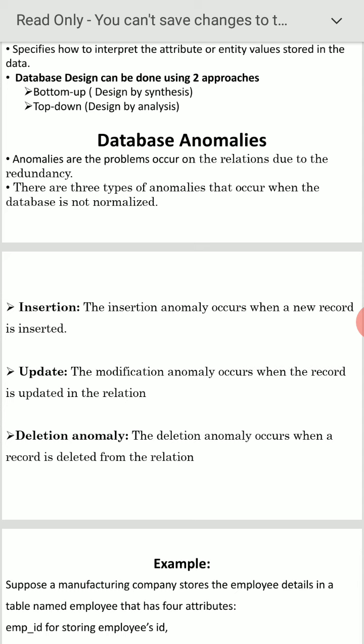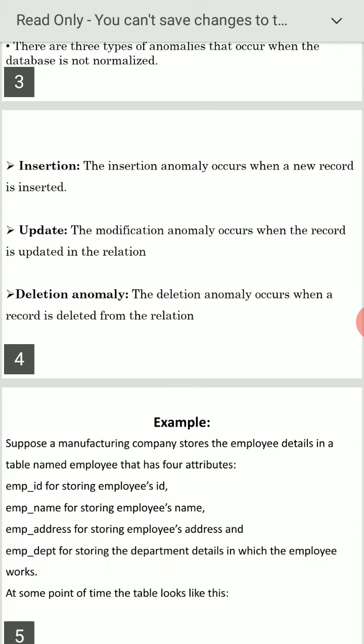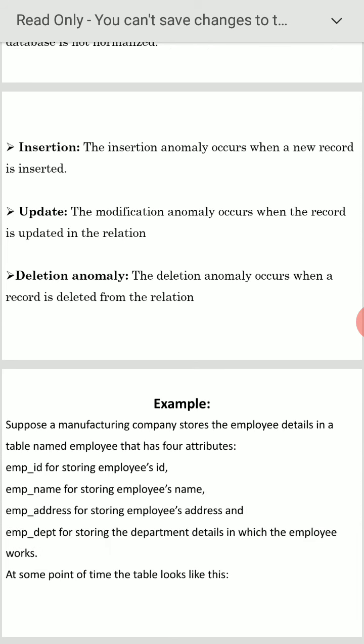See, let us see one table having the employee ID. There you are going to store the employee identification. Employee name, there you are going to store the employee name. EMP address, there you are going to store the employees' addresses. EMP DPT, there you are going to store the department details in which the employee works.